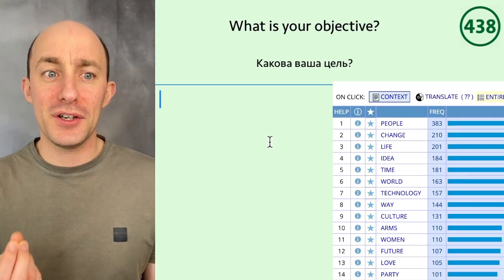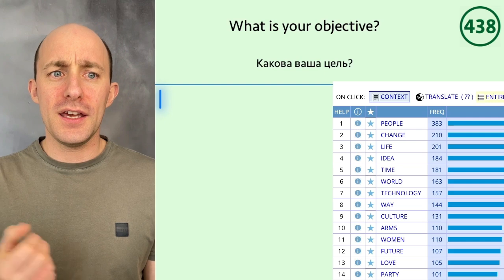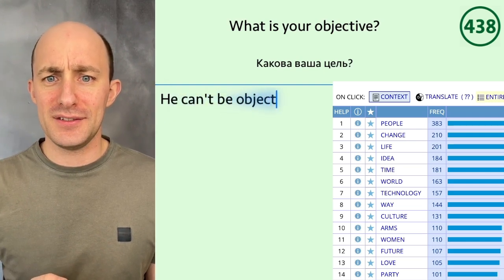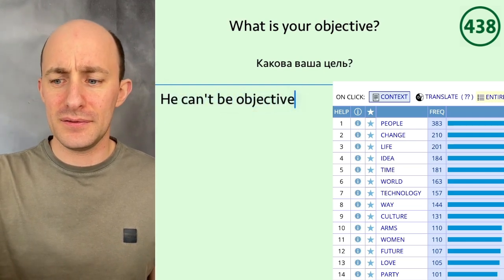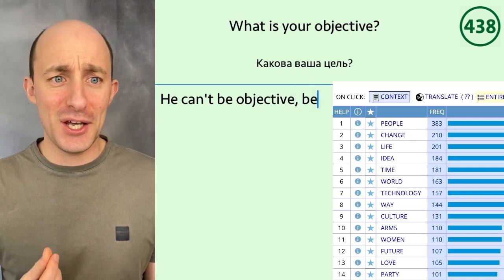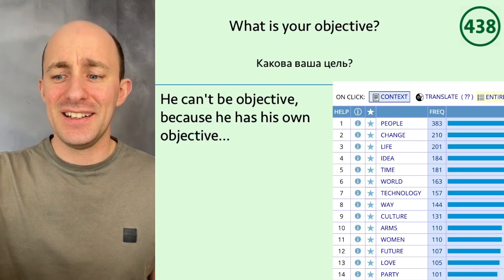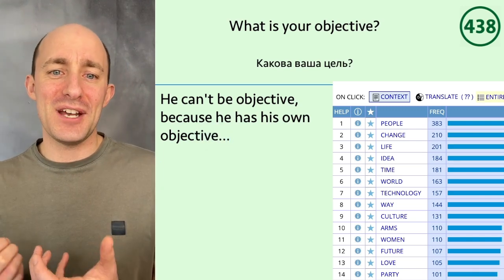Now, there is the word объективный, the adjective. He can't be objective because he has his own objective. So there's the adjective, objective, and the noun.